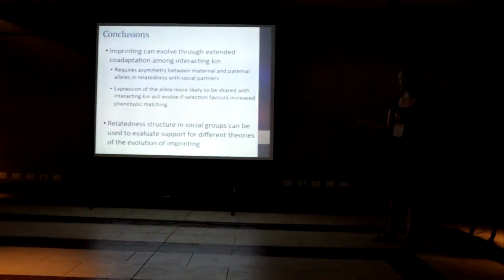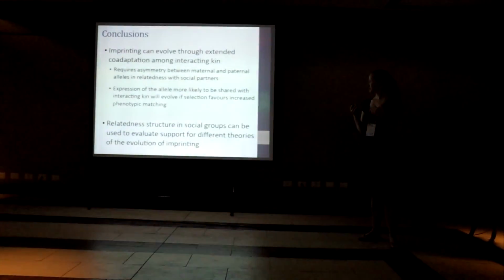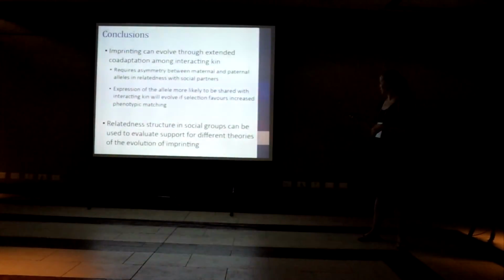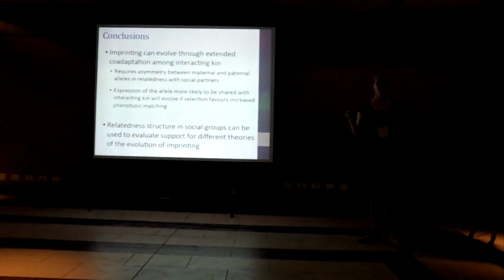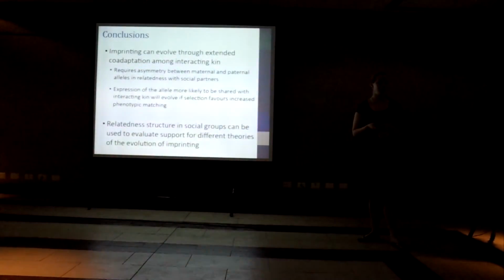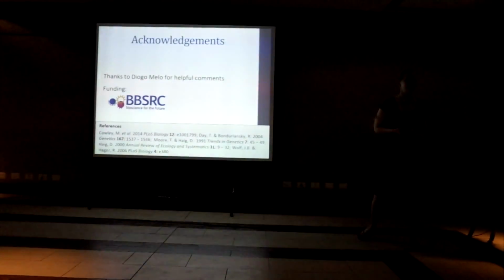This model provides very clear predictions about the relatedness structure that we'll see in social groups for a given imprinted gene, and this may be used to distinguish the mechanism through which imprinting at a gene has evolved from other possible theories of the evolution of imprinting. And I think I'm out of time, so I'll finish there.